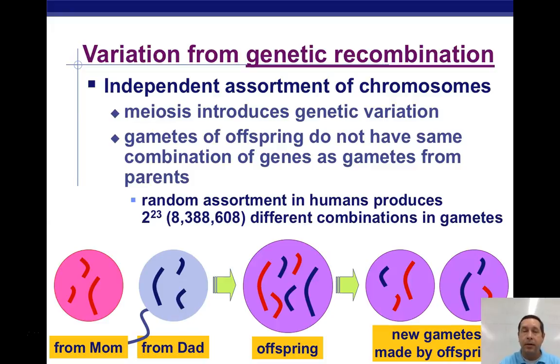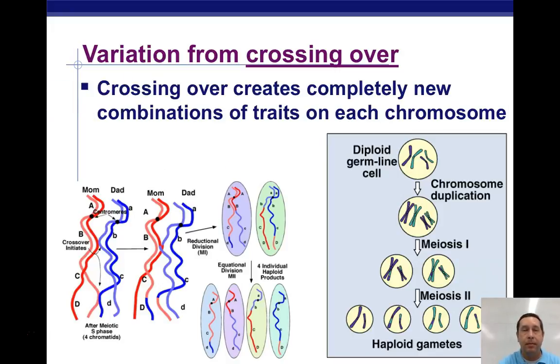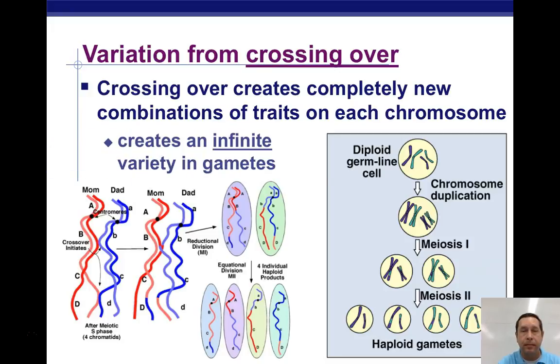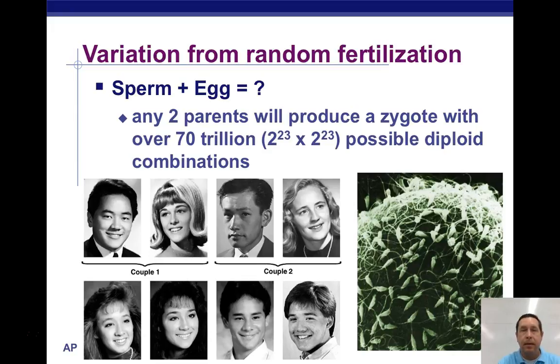In humans, through independent assortment only, since we have 23 pairs of chromosomes, there are over 8 million different combinations of chromosomes in the gametes. And then you put crossing over in there, and that multiplies it even more. Any two parents will produce a zygote with over 70 trillion possible diploid combinations.